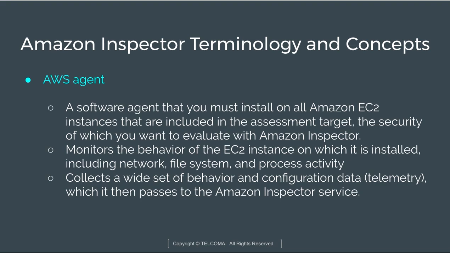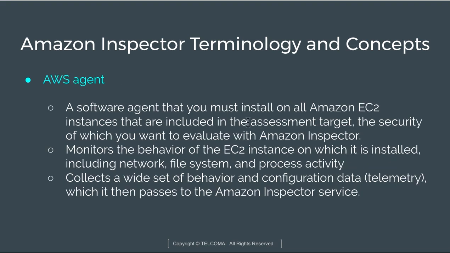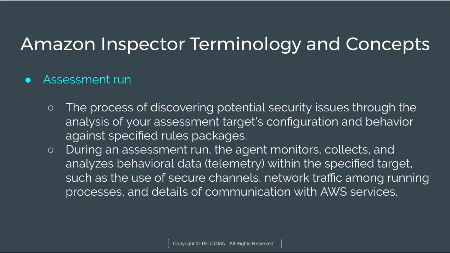So let's discuss the very first concept, the assessment run. As we have discussed, we have to install and then evaluate with Amazon Inspector. Let's discuss what an assessment run is and what the function of the inspector is in this. An assessment run is basically a process in which we can discover security issues.